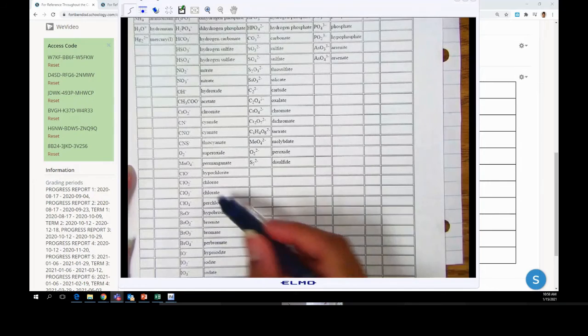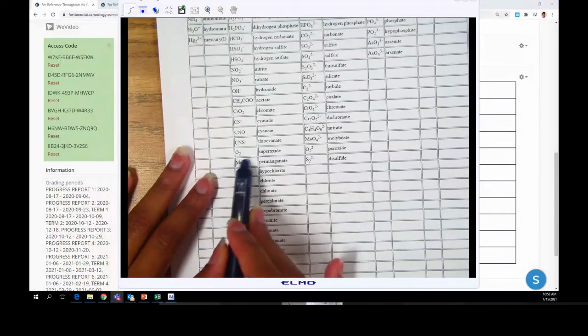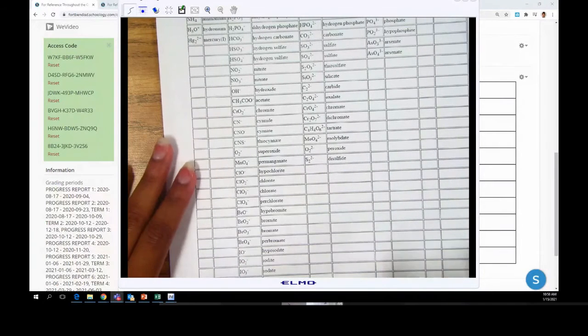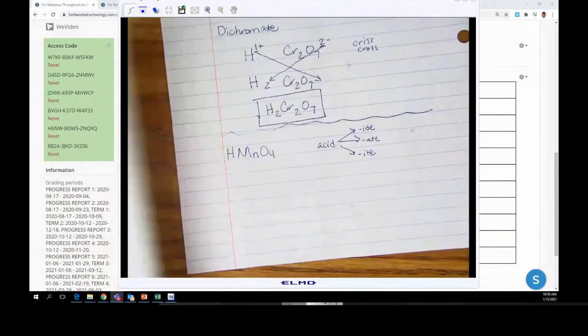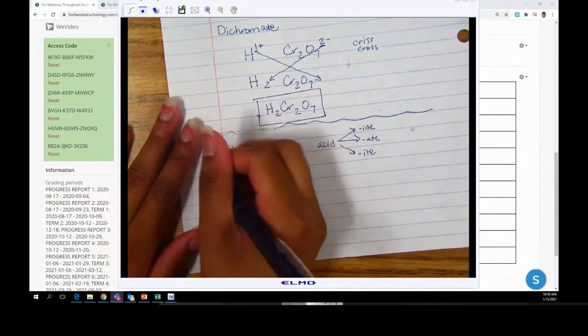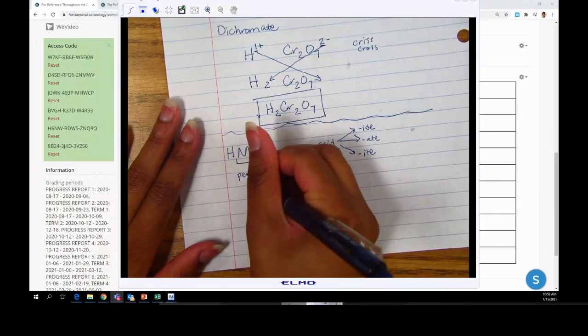And it is here. MnO4 minus, or 1 minus. That's called permanganate. All right, so everything excluding the H and its possible subscript is our anion. This one's called permanganate.